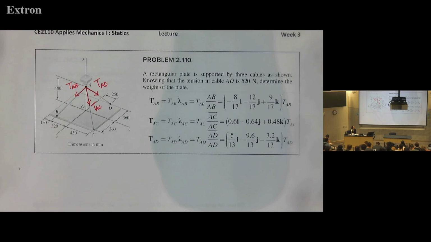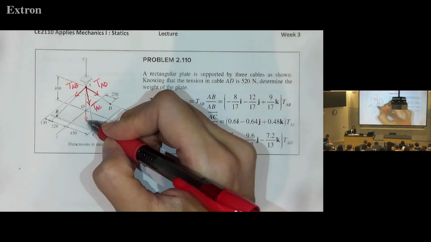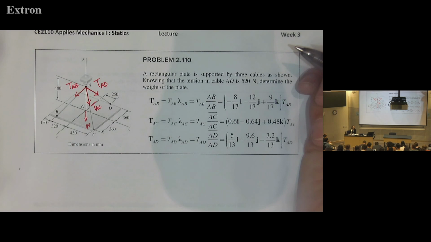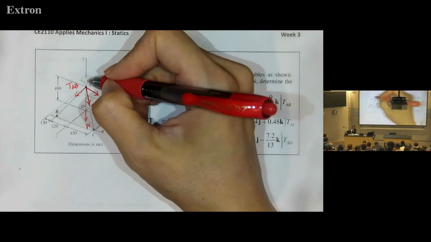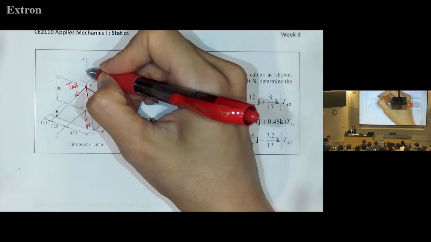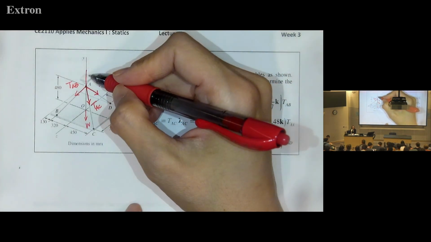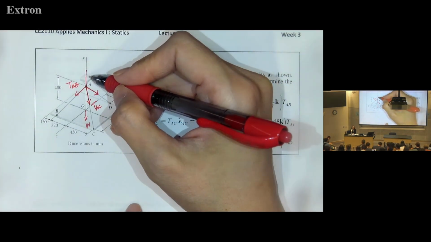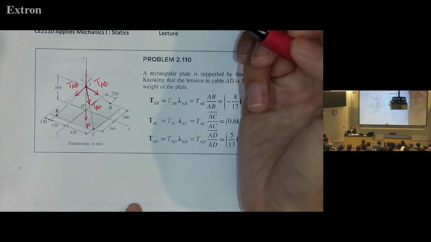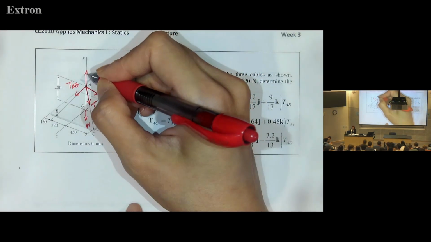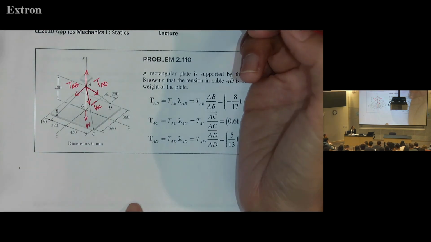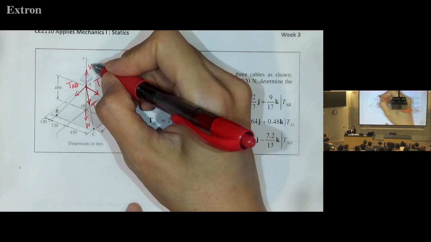And then we know the weight of the plate is here, always toward the center of the earth. But we must find this force, the supporting force that supports the entire plate using all 3 cables. Should this force be upward or downward based on the equilibrium? Upward, and the magnitude should be W.